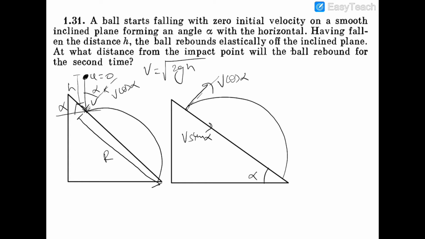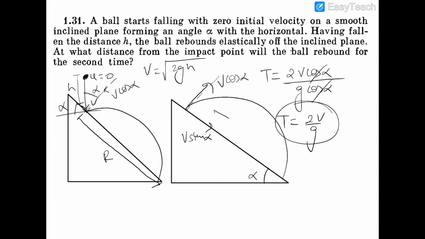Okay, so the time of flight would be 2V cos alpha divided by G cos alpha, so time of flight would be equal to 2V by G. Along this direction, the range which we have to find out is equal to ut plus half at square.